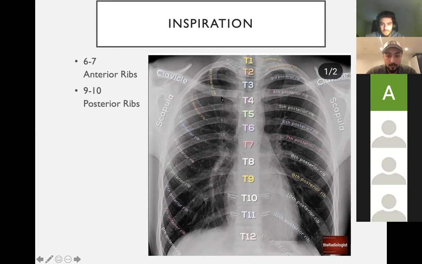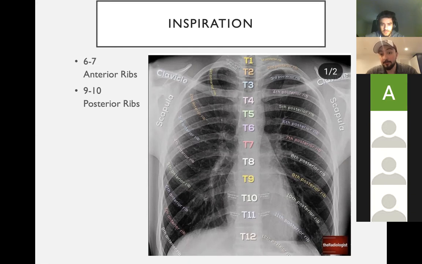You can count first rib, second rib, third, fourth, fifth, sixth, seven, eight. That's good because you want approximately 6 to 7, not less than 6 or 7 anterior ribs visualized. For the posterior ribs, they need to be not less than 9 ribs.